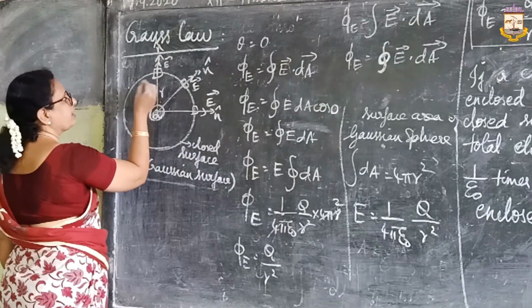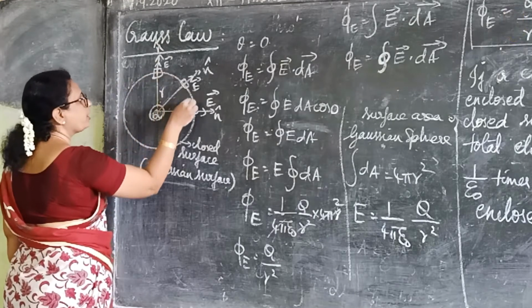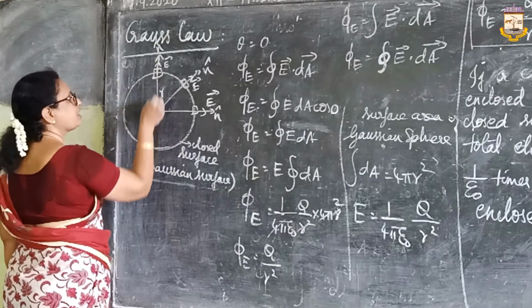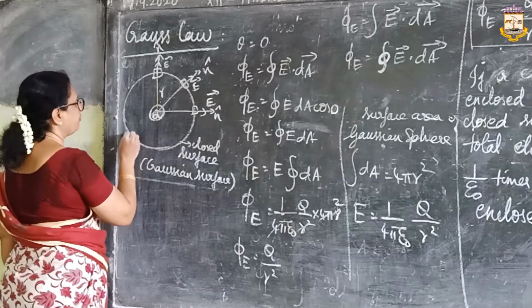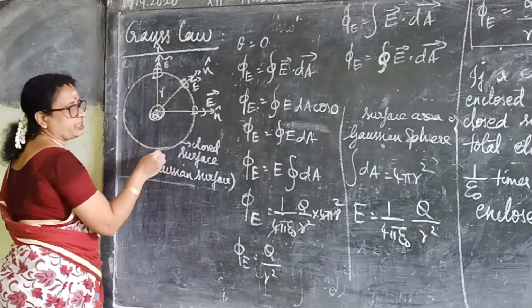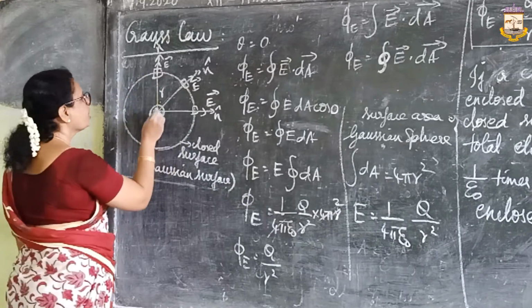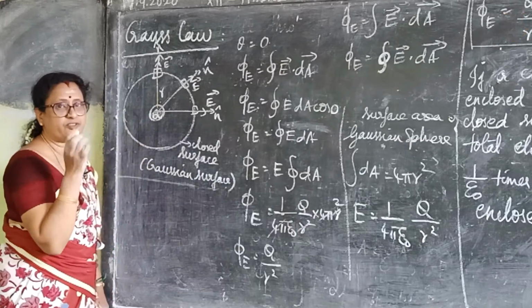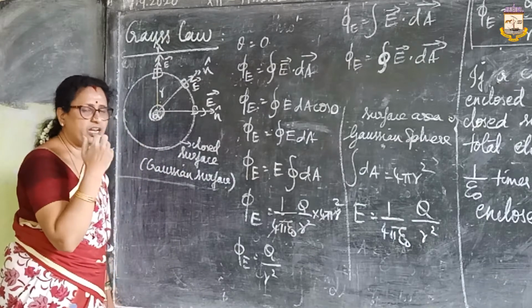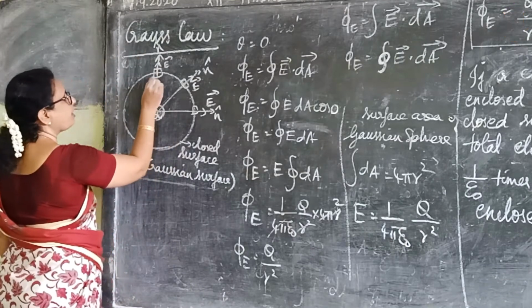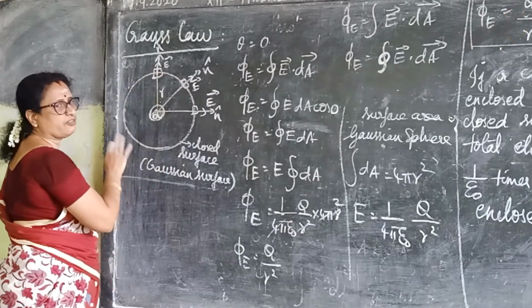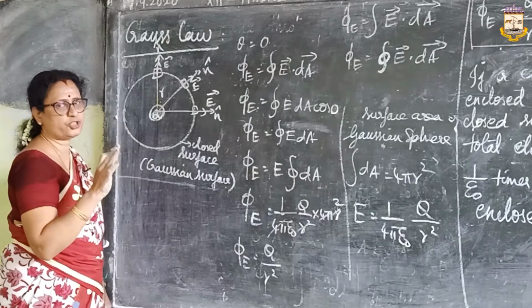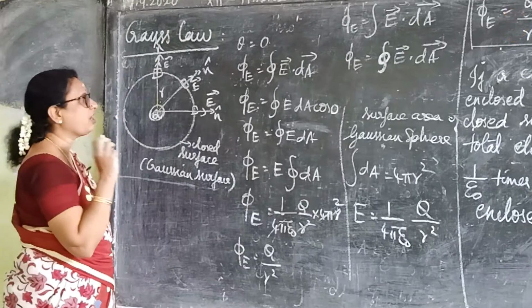So we can take the electric field at all points which are at equal distance from the point charge as uniform. The electric field at all points on the sphere is E, which is uniform, and the direction of the electric field is radially outward. If I want to find the flux, I have to first divide this Gaussian sphere into very small area elements.